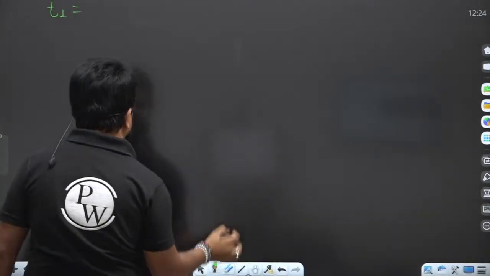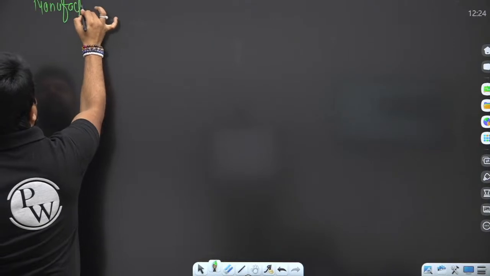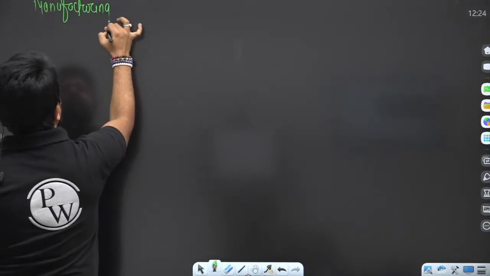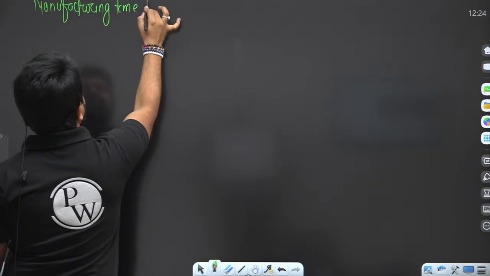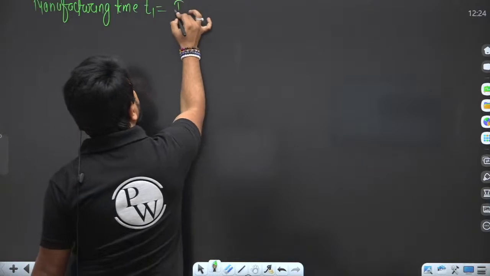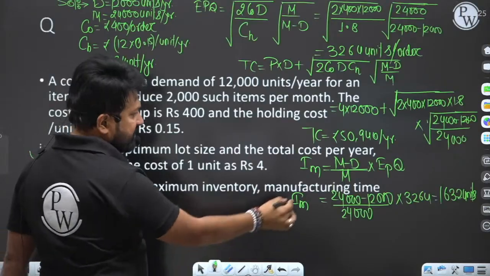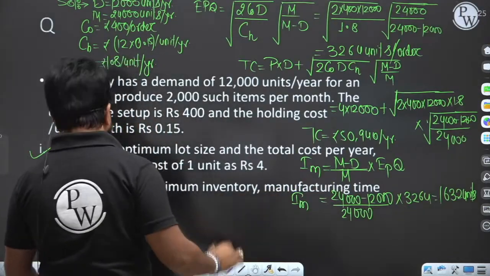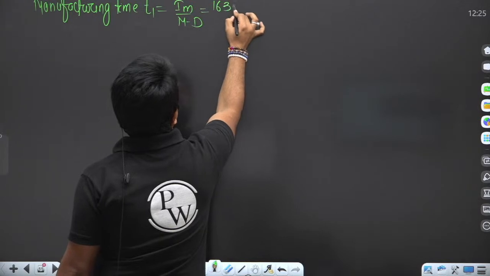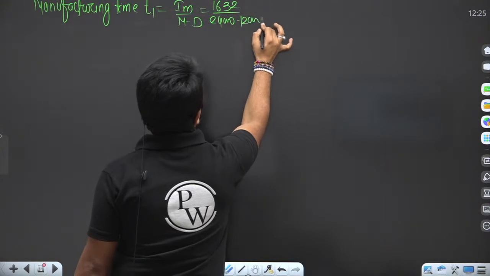So how can you find the T1 manufacturing time? T1 is the manufacturing time. T1 is the maximum inventory divided by (M minus D). The maximum inventory is 1632, divided by (24,000 minus 12,000).